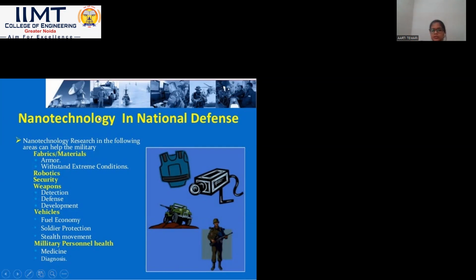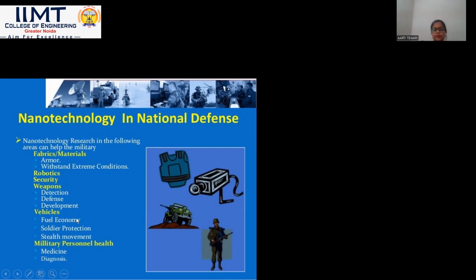With nanotechnology, the nanomaterials are stronger, they're lighter, they're hydrophobic. Okay, so we're making fabrics and materials for the defense personnel using nanomaterials. Then they're using robotics, security, detection, defense, and development of weapons.